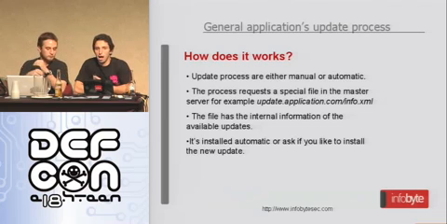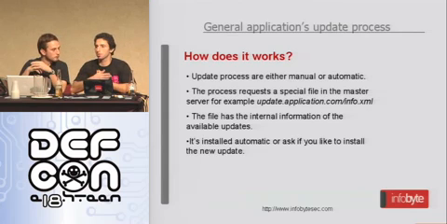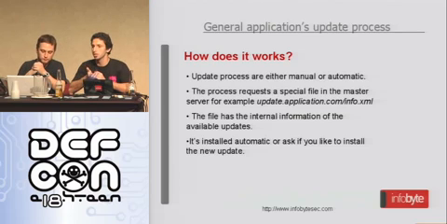A simple update process is quite much the same. The process starts, goes to a website, and gets a file with information. This file depends on the application. It checks if there is a new update.